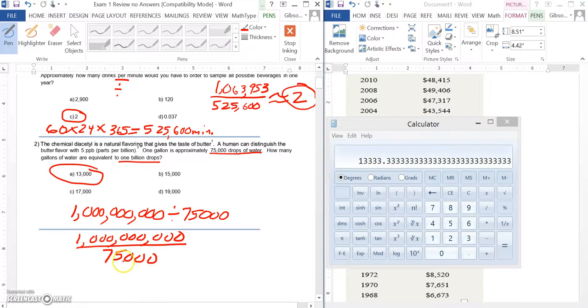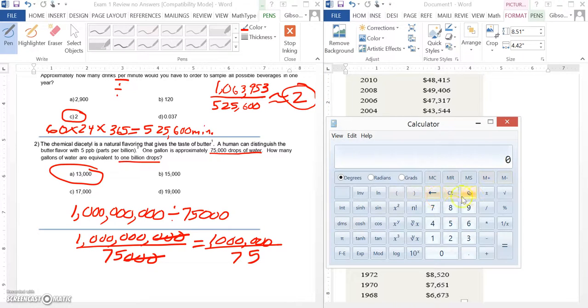So however many zeros they have in common at the end, we could cross them out, which is a form of simplifying. So this will end up being 1 million all over 75, which is a smaller number that you could put in your calculator. Let's test this to make sure that it's correct. And it comes out to be the same value. So this is how you could shorten it if you have a calculator that cannot take very long numbers.